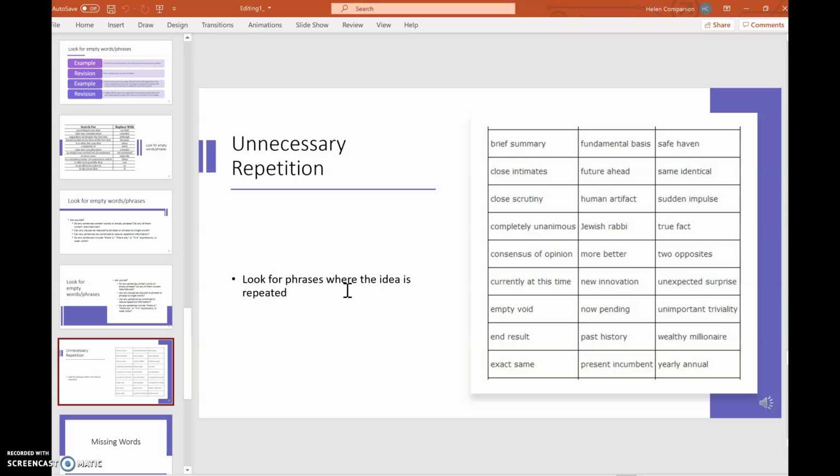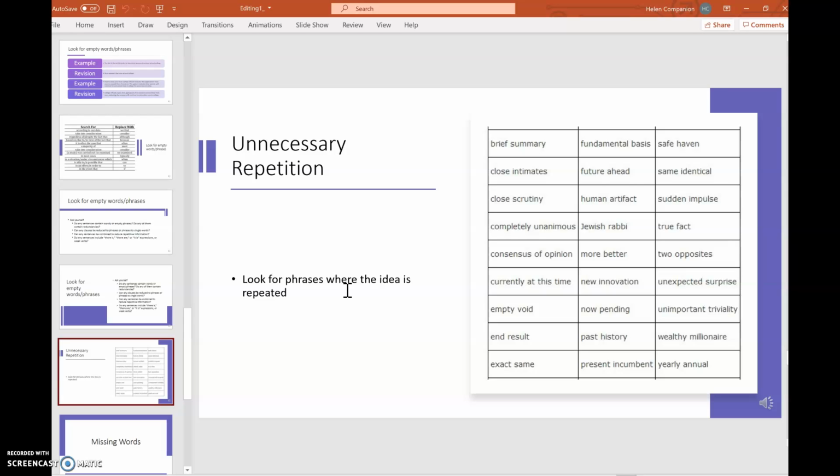Same and exact mean the same thing. End result, end and result mean the same thing. Past and history mean the same thing. Jewish rabbi, a rabbi is Jewish, so you can just say rabbi. Safe haven, a haven is a safe place. True fact, well, we don't have false facts, hopefully, so of course they're going to be the same.